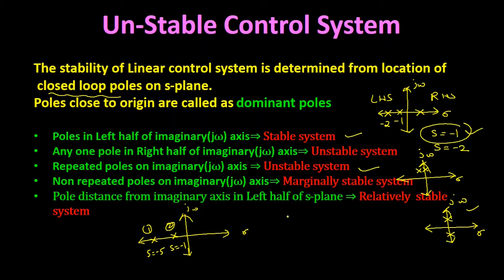So because the system number 1's pole is far away from the origin as compared to system number 2 pole, the stability of system 1 is greater than the stability of system number 2. That means the system number 1 is more relatively stable as compared to system number 2 because its pole is far away from the origin as compared to system number 2's pole.